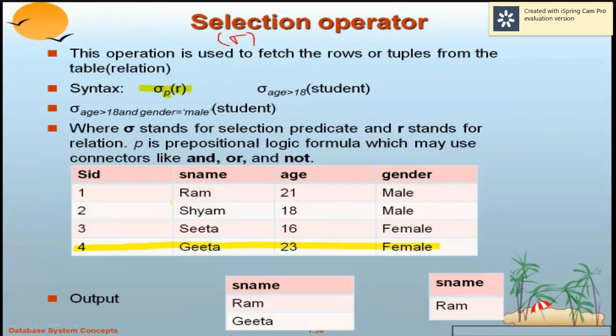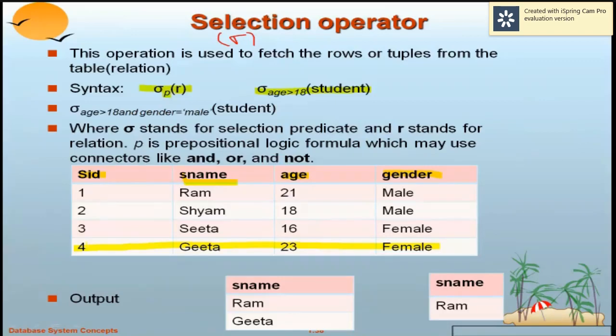Let's look into the table. Here I have a table called student with attributes SID, SNAME, age, and gender. Here I'm writing my query something like this: sigma of age greater than 18 from student S. That means I want all the records to be pulled out from the student table whose age is greater than 18.